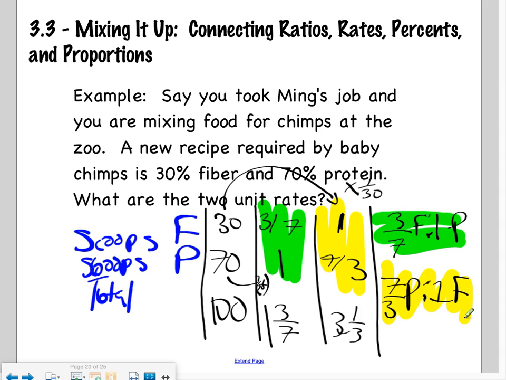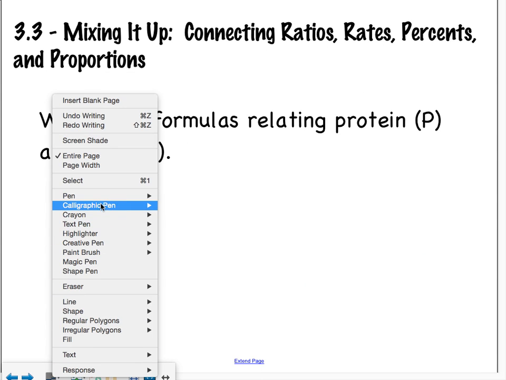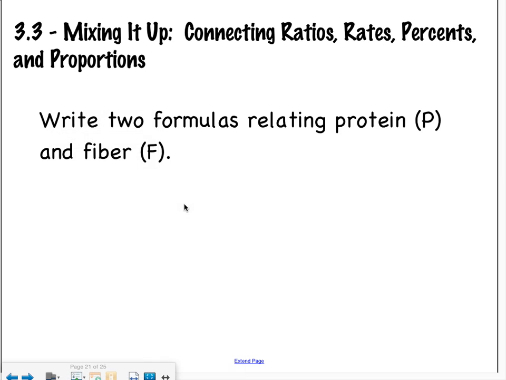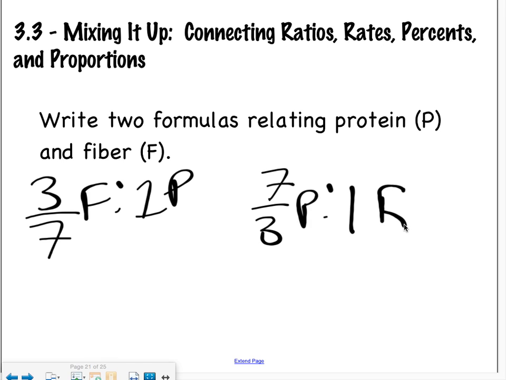Okay? So what if we wanted to make equations for these? Well, let's rewrite our unit rate. So we have 3/7 fiber for every 1 protein, and we have 7/3 protein for every 1 fiber. Okay, so how do we make an equation out of that?